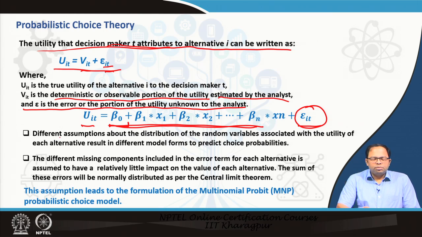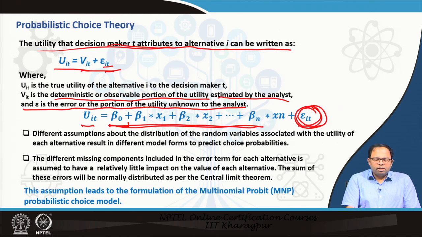Different assumptions about the distribution of the random variables associated with the utility of each alternative result in different model forms to predict choice probabilities. That means, based on the distribution of this error term, we decide what kind of model we are going to adopt.